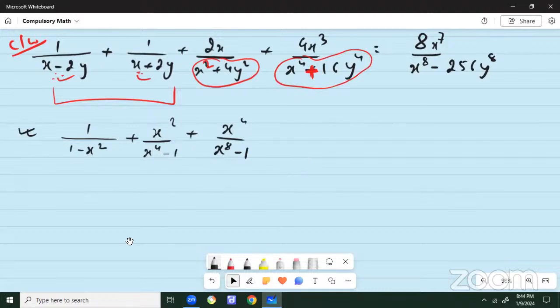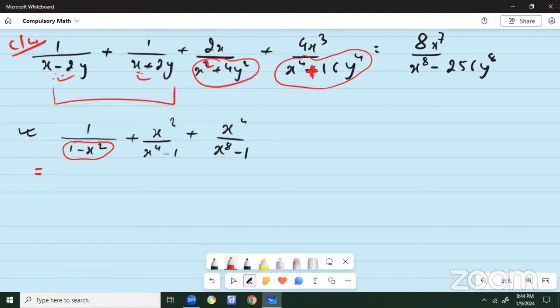I'm doing, sir. Okay. So what should we do in the beginning? What is the first thing that we should do here? If you look at the denominators here, they are not in the same order.